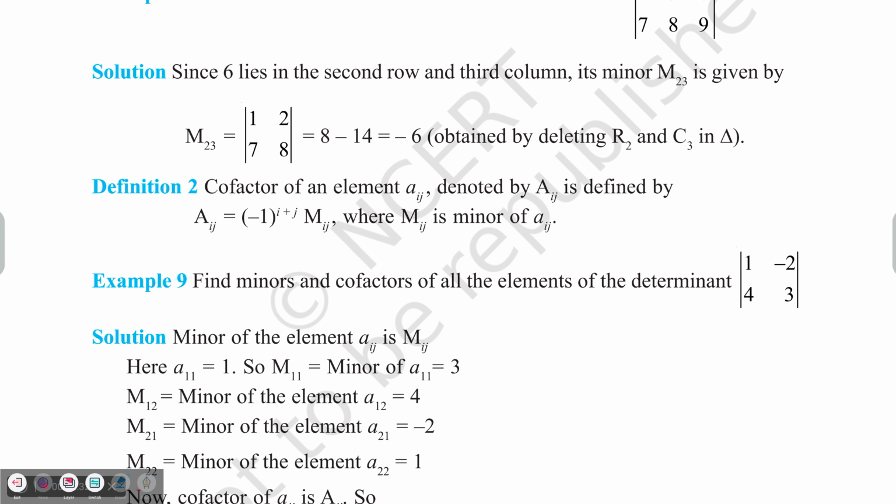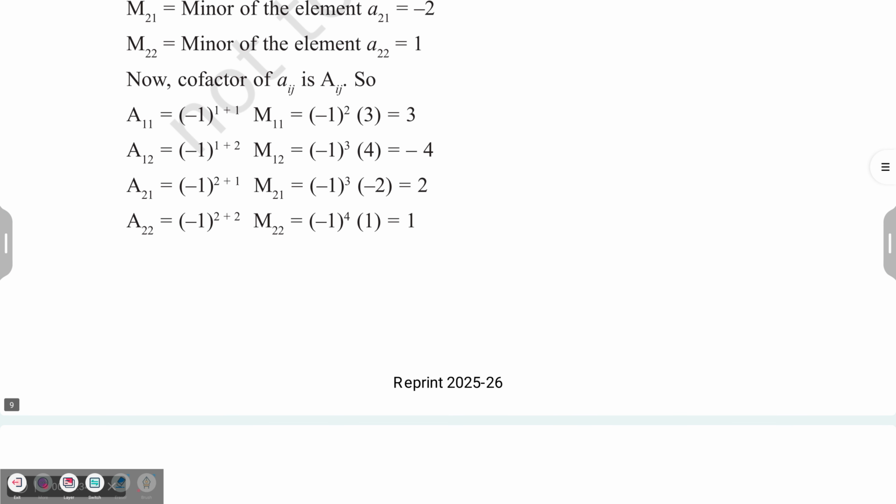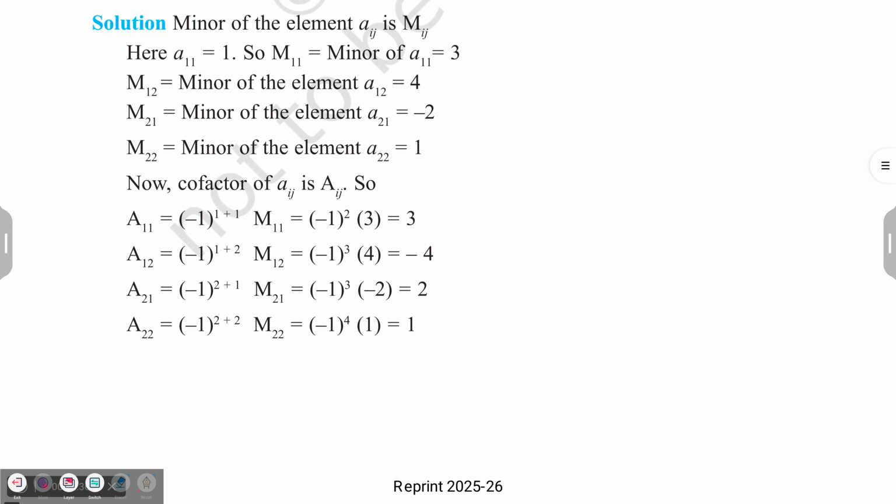This is the minor and cofactor. There is a difference. See, minor they are denoting with M. Cofactor they are denoting with capital A, or capital F. For cofactor only they have applied this. The minor is as it is what comes after cross multiplying. You understand, or can I do one?